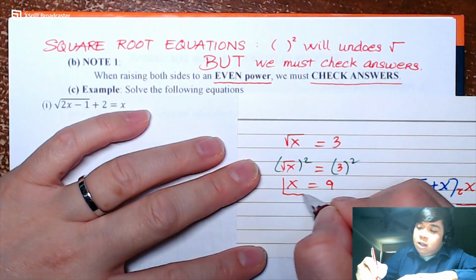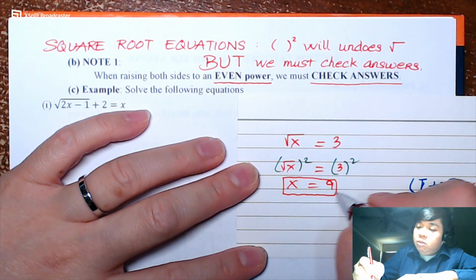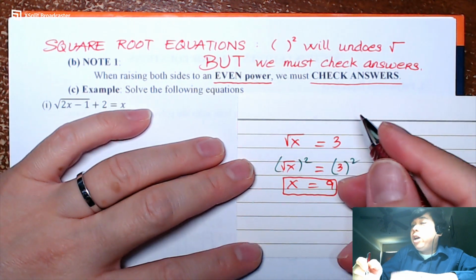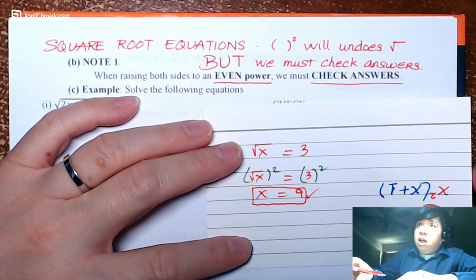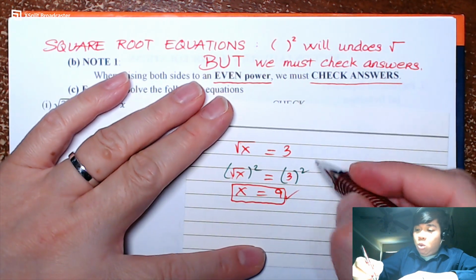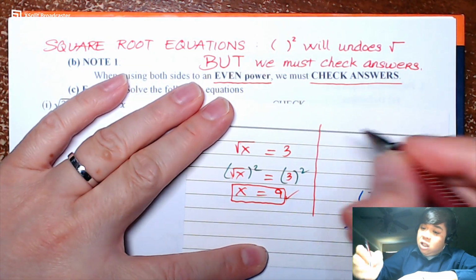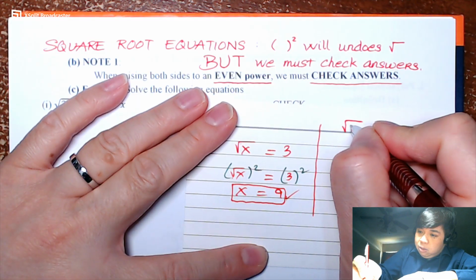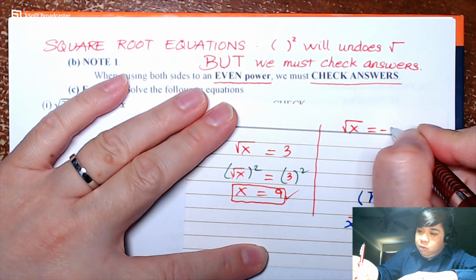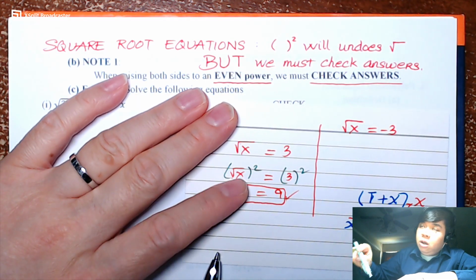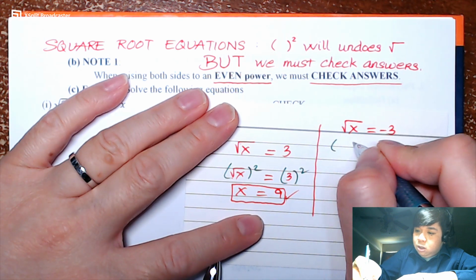So we have that x equal to 9. We put it back and check that's correct. So square both sides, undo square root. So that's good. Now, this is not good. So we have x equal to negative 3. Now we square both sides.